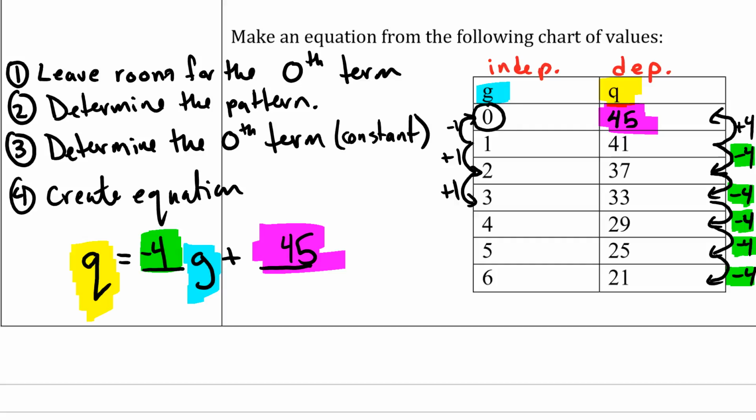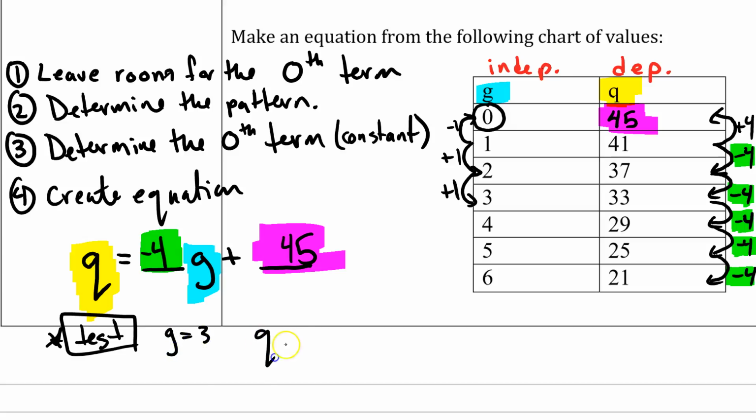And what you want to do actually is you can test it out. So pick a point. I'm going to pick 3. If I put in for my independent, or my G, 3, I should be getting 33 for my dependent. So I'm going to say test point G equals 3.